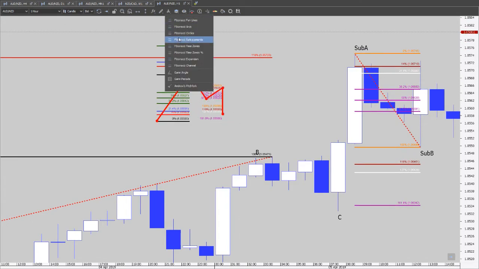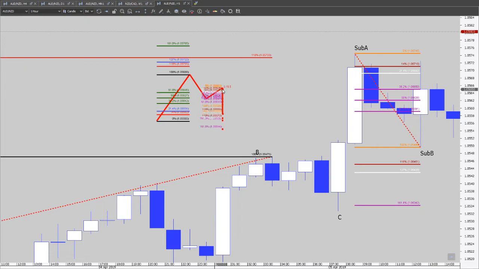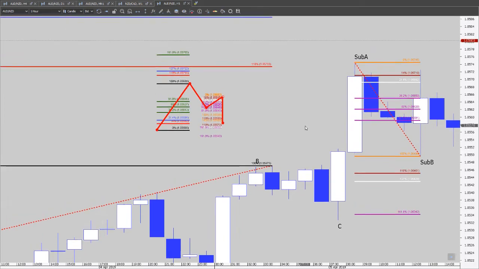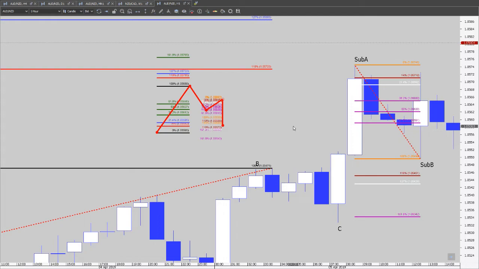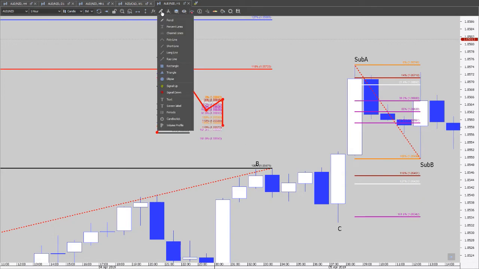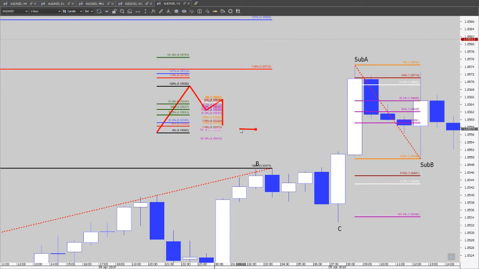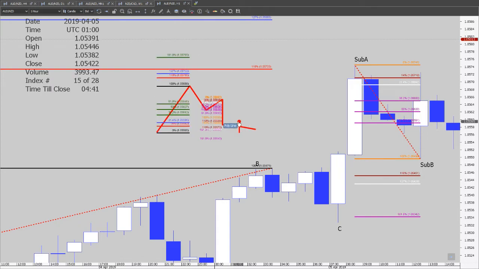We want to find a confirmed C. We want to find a contrarian Fibonacci so deep, at the deepest level inside the AB boundary, that we can say that the C is confirmed. Okay, this is what we are looking for.